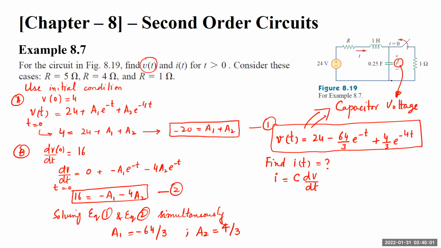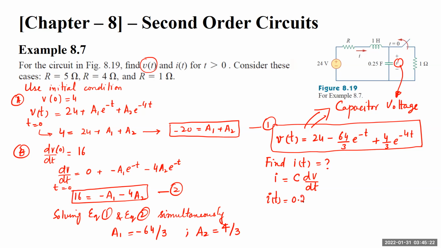This i will be the current flowing through the circuit, because in a series circuit the current through the capacitor is the current through the inductor, and the current through the resistor as well. So this is C dV by dt. Just multiply the derivative of the voltage by C. So we get i of t.